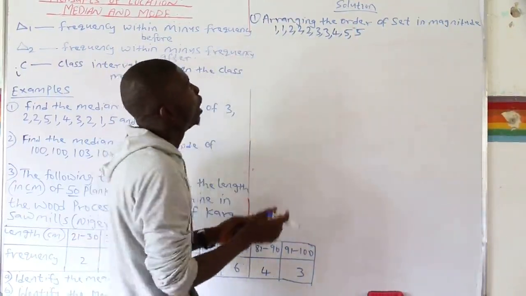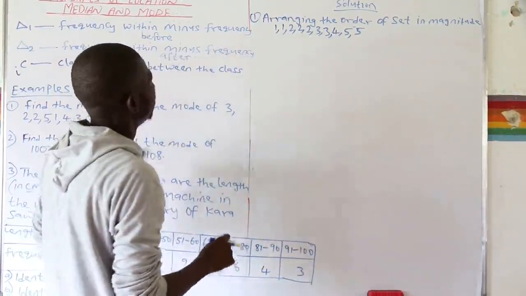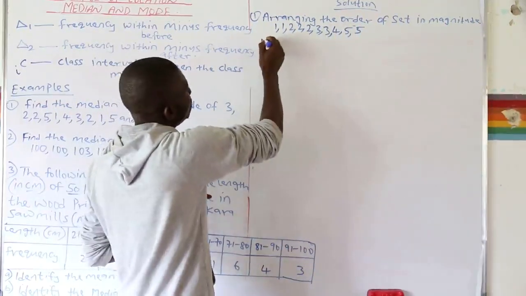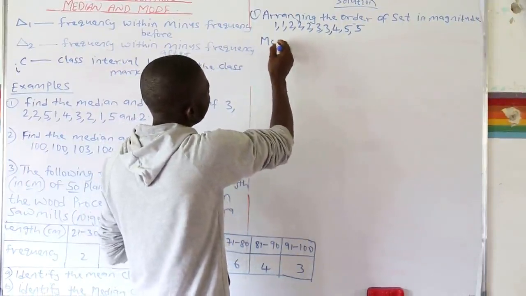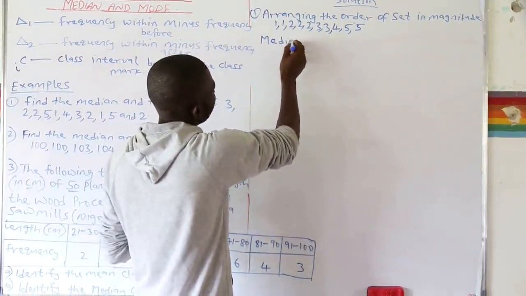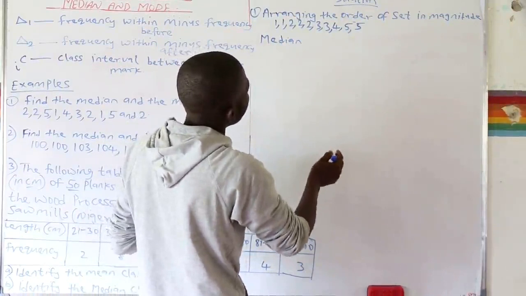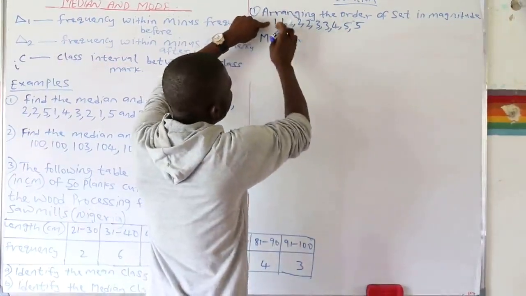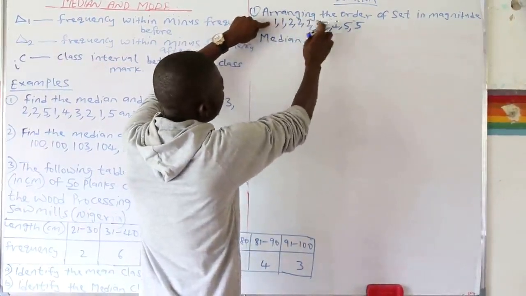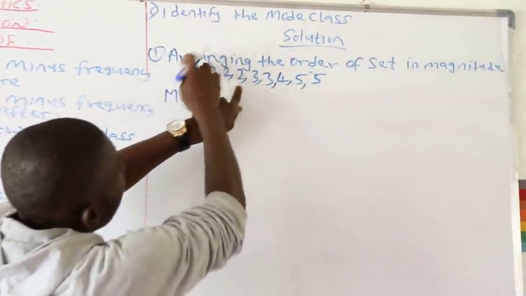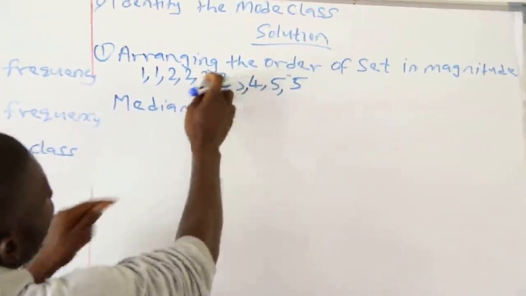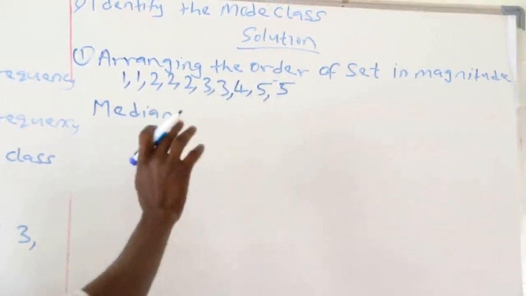Now, to find our median, don't forget we say median means the middle number. Now, how many numbers are there? 1, 2, 3, 4, 5, 6, 7, 8, 9, 10. I can see that 1, 2, 3, 4, 5 and 2, 3, 4, 5 — the 5th and 6th are our middle numbers.